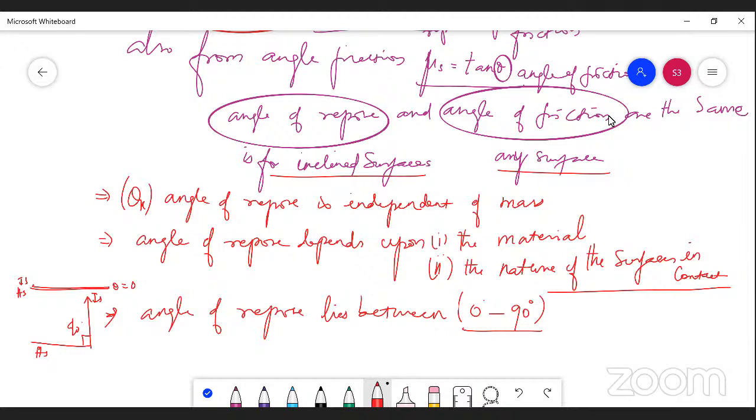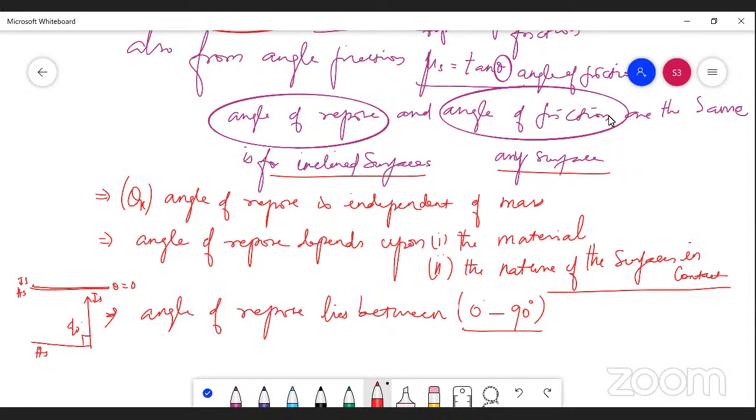We are calculating at what angle the object will begin to slide. That has been determined with the expression mu s is equal to tan theta. Theta equals tan inverse of mu s, where mu s is the coefficient of static friction.